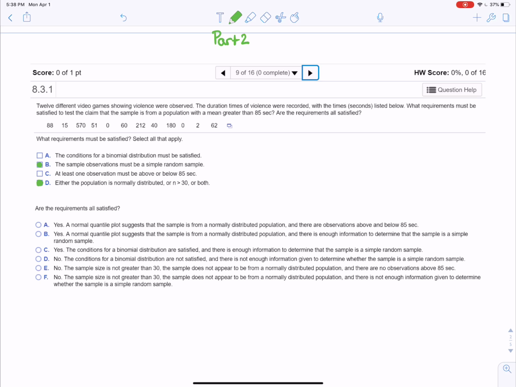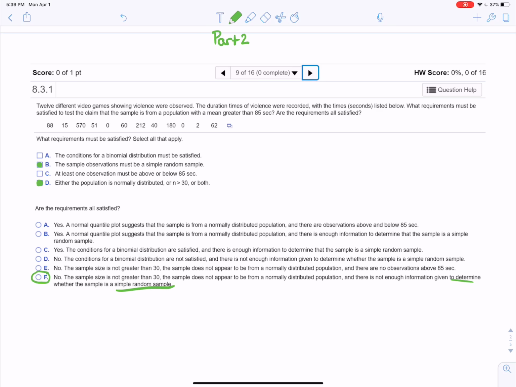And then we also need to figure out, is it a simple random sample? And they don't really tell us that information either. So because of that, I'd probably choose option F. They don't give us enough information to determine if it's a simple random sample.